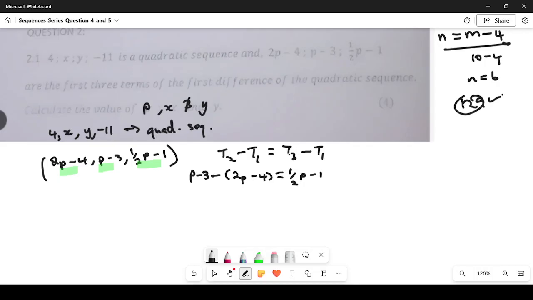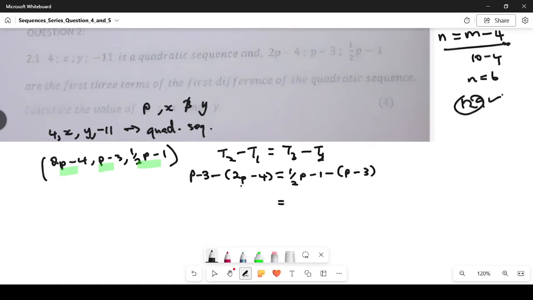I was supposed to say t3 minus t2. So term 3 minus term 2. And term 2 is p minus 3.